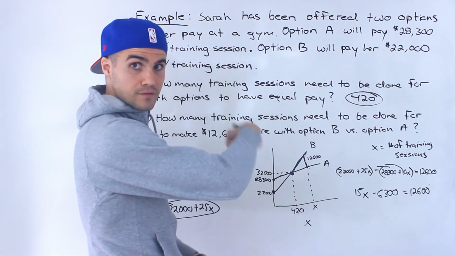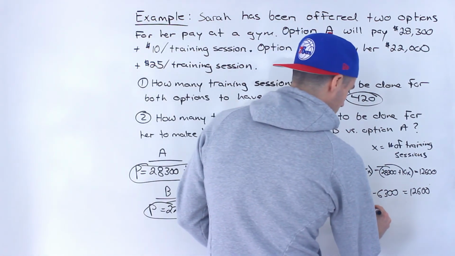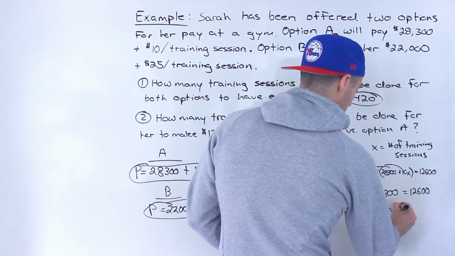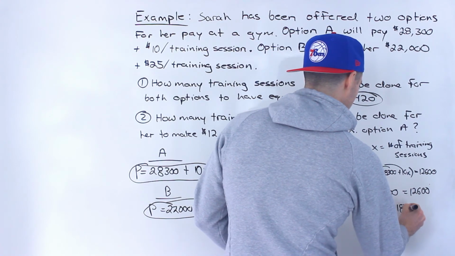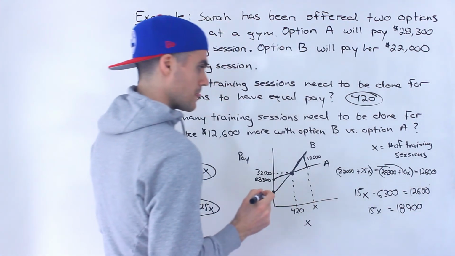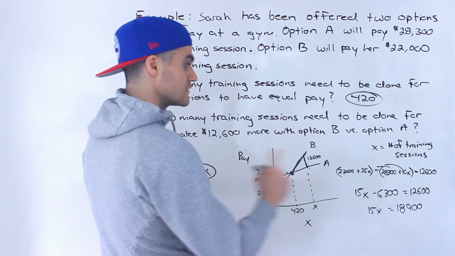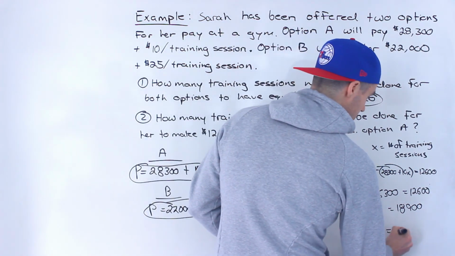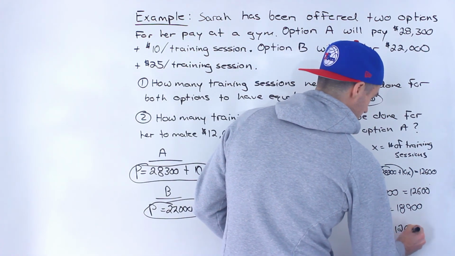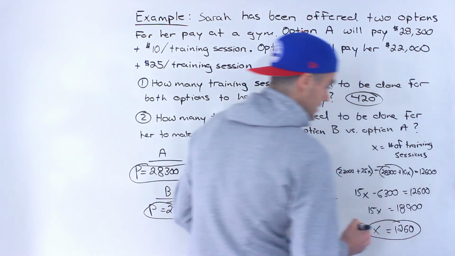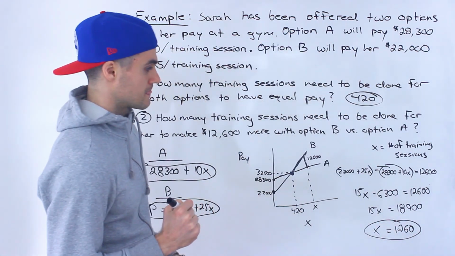And then bring the negative 6,300 over. That would give us 18,900, like that. Divide both sides by 15. X would end up being 1,260 training sessions.